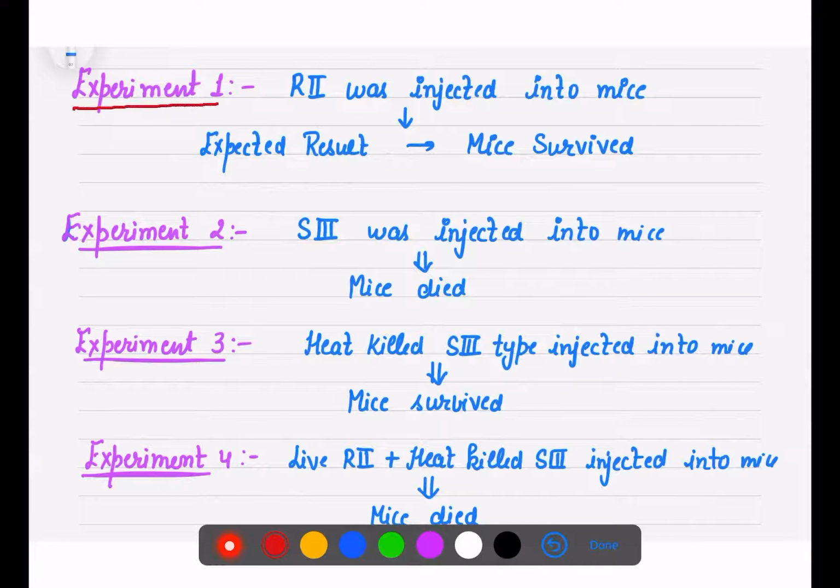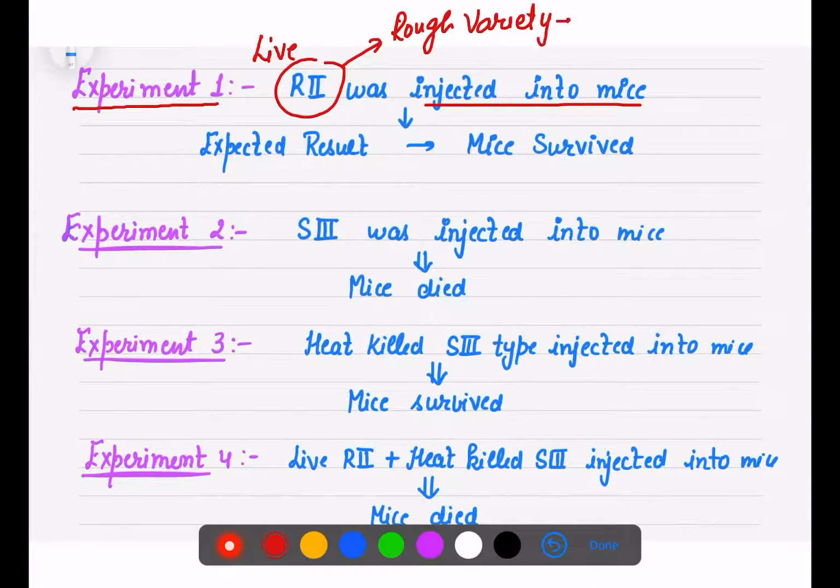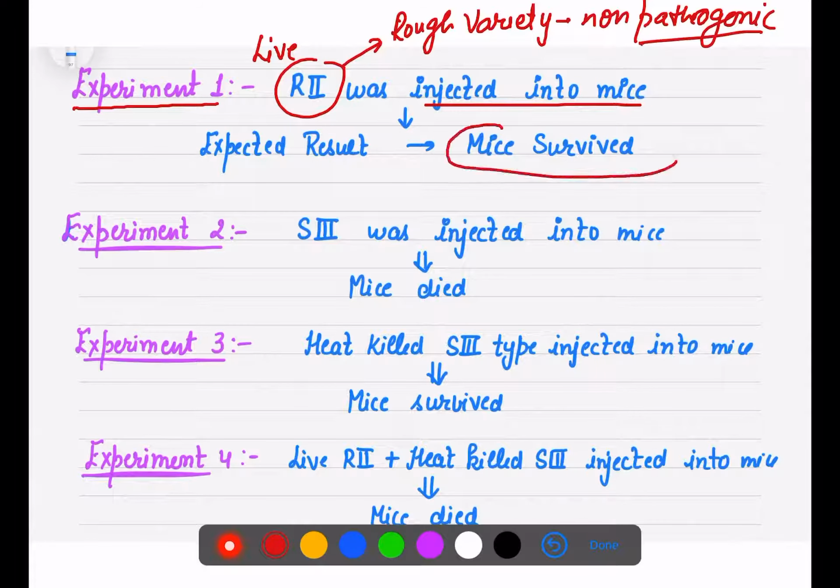In the first experiment, live R2 was injected into the mice. Now R, you know that it is a rough variety, right? It is non-pathogenic, that also you know. So what result can you expect? The mice will survive because it is non-pathogenic, so mice will survive definitely.